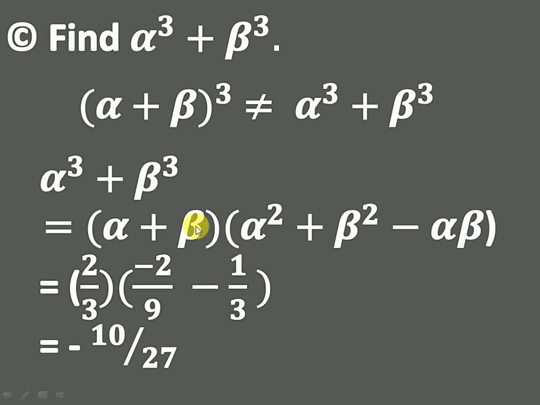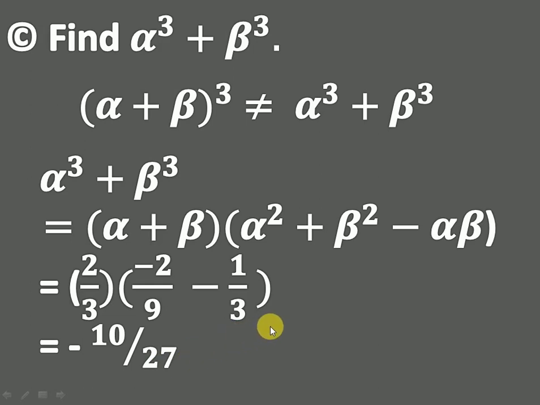Now, let me ask you, have we found alpha plus beta? Have we also found alpha square plus beta square? And have we also found alpha beta? Yes, all the components of this equation have been found. As a result, we can just substitute in the relevant numbers, giving us negative 10/27, which is the value of alpha cube plus beta cube in this question.